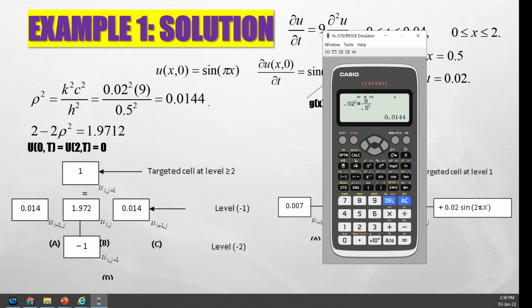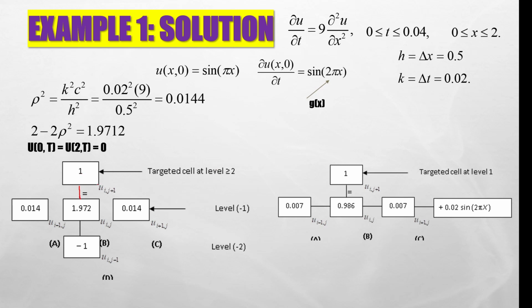You get 0.0144. And then 2 minus 2 rho squared, rho squared is saved in the answer, so you get 1.9712. Then you can plug it into the 3-level molecule to calculate level 2.